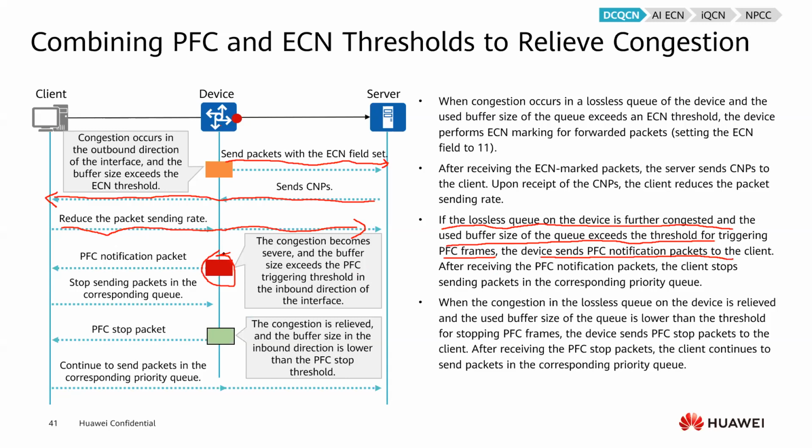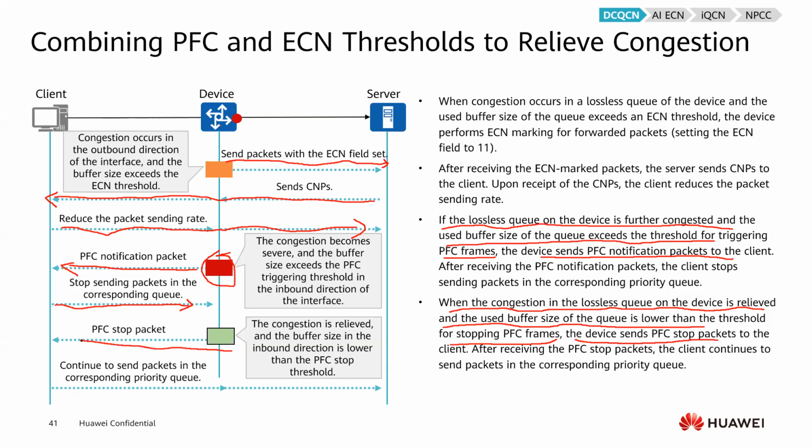You can see here, the device will send the PFC notification packet, and the client will stop sending packets in the corresponding queue. When the congestion in the lossless queue on the device is relieved and the used buffer size of the queue is lower than the threshold for stopping the PFC frame, the device sends the PFC stop packet to the client.